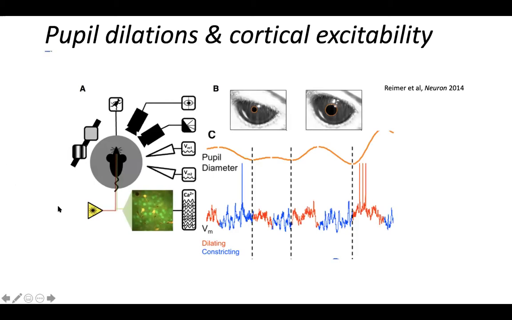One is that pupil diameter undergoes spontaneous oscillations over time. And second, that when these oscillations are in the dilation phase, that's accompanied quite systematically by increases in the excitability of the cortical neurons, which may be a result of the norepinephrine release through activation of the locus coeruleus.